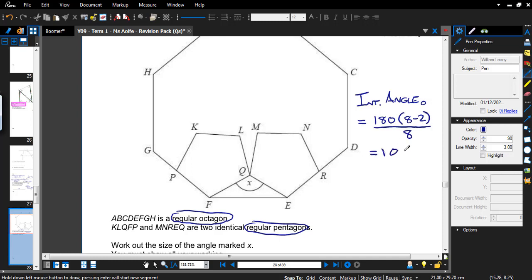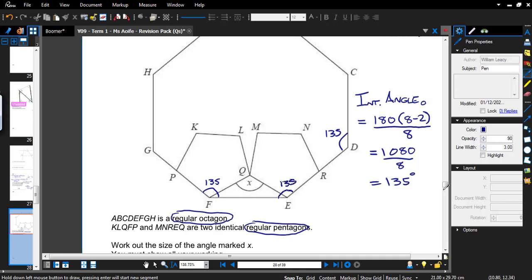So that is 1080 over 8, and that is 135 degrees. So you know all these are 135. Are the ones up here going to be that important? Probably not, but let's just throw these ones in. 135. I'm not bothered putting the degree sign in. We know it's a degree.